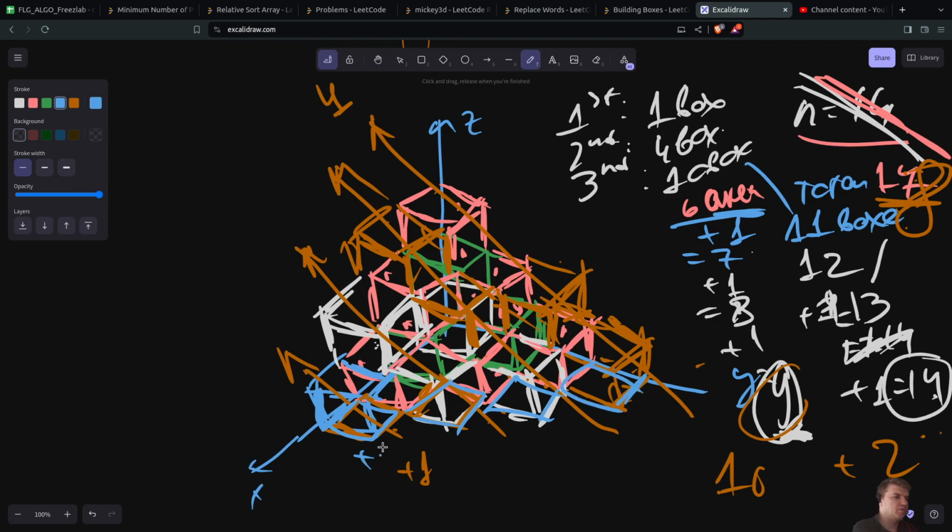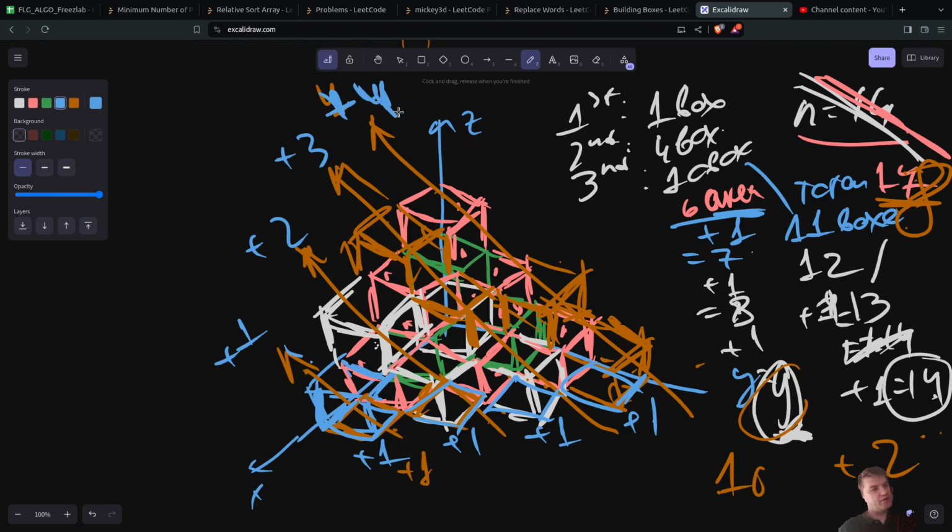Yeah, so here was +1, here was +1, +1, +1, but the number of boxes I'm adding, here I added +1 box, here I added +2 boxes, here I added +3 boxes, and here I added +4 boxes. So this is gonna be the algorithm.